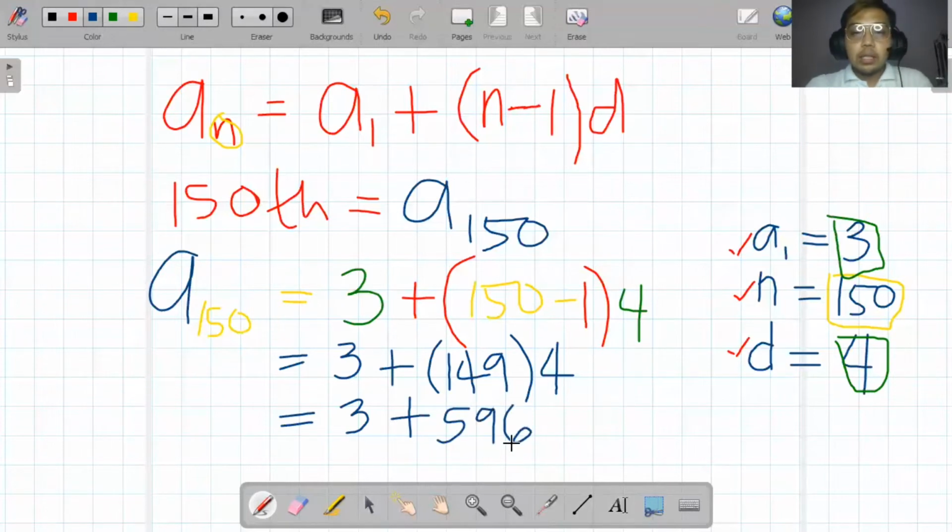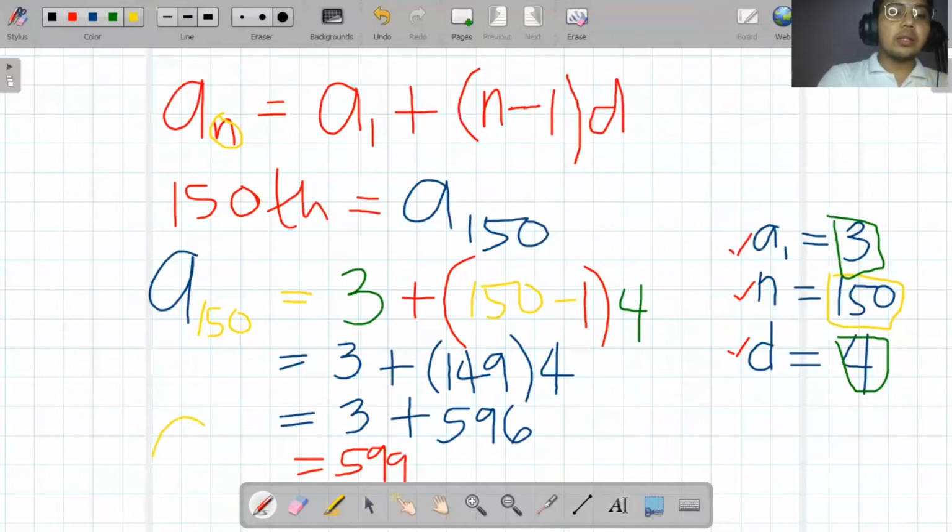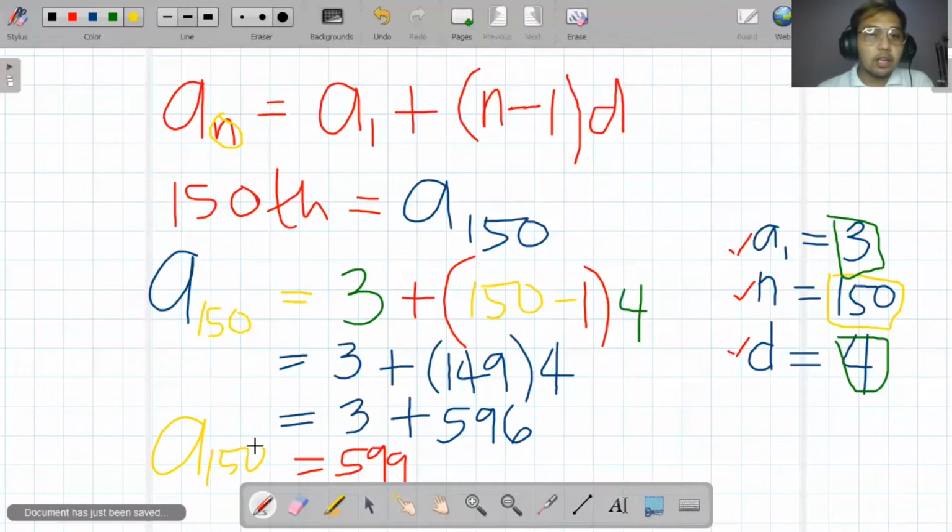So 149 times 4 is 596. And then you have to add 3. Therefore, our final answer for a sub 150, or the 150th term, is equal to 599. So if we were to continue the given sequence 3, 7, 11, 15, the 150th term we would get is 599.